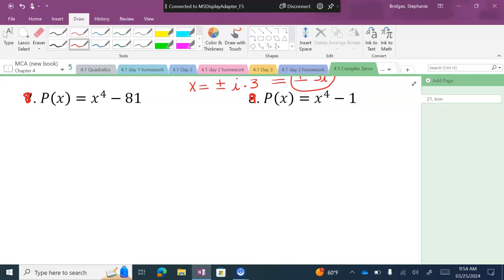What I do want to do is look at this in terms of the first question that we did. There are 2 terms. They are being subtracted. Are they both perfect squares? x to the 4th and 81, are they both perfect squares? Yes. So we are going to have to factor this first, setting up our 2 parentheses.